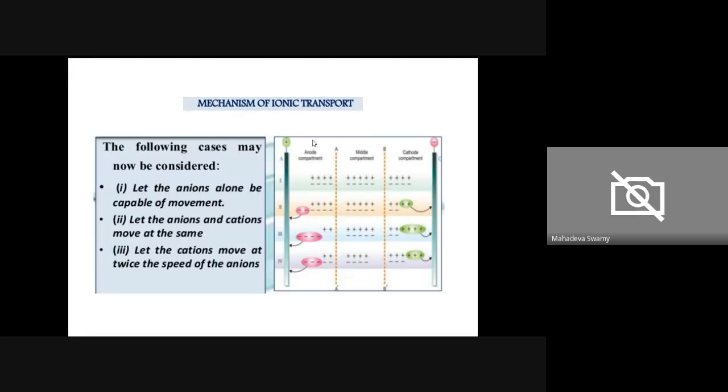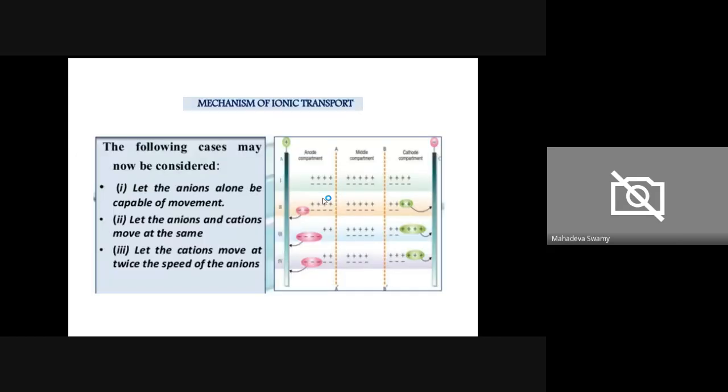First, all the ions are arranged like this. In the second case, the negative ions are attracted towards the anode compartment, and the positive ions are attracted towards the cathode compartment. The same number of ions are lost, adhering to the surface of the anode and the cathode. In the third case, four positive charges adhere to the surface of the cathode compartment.